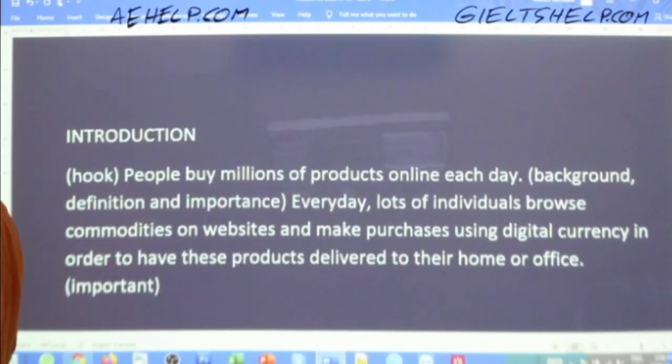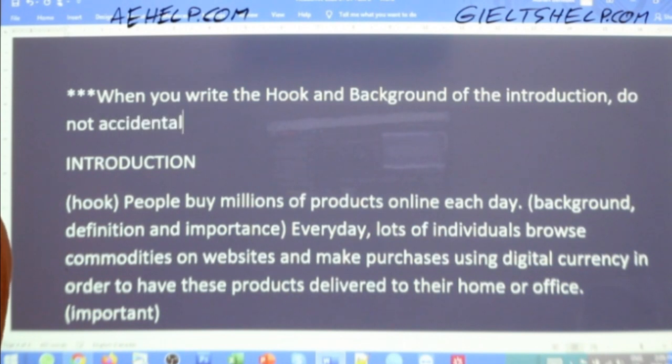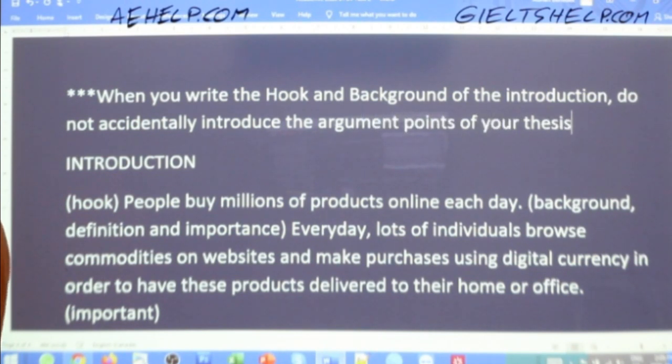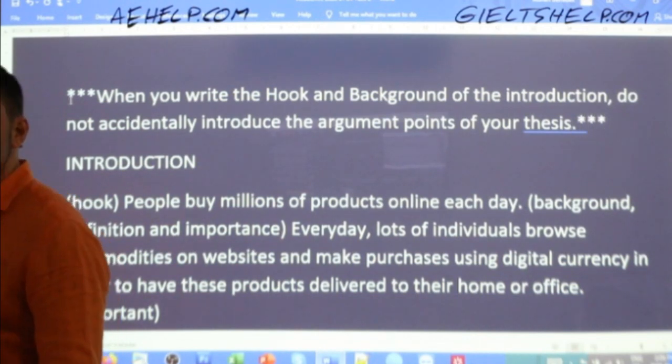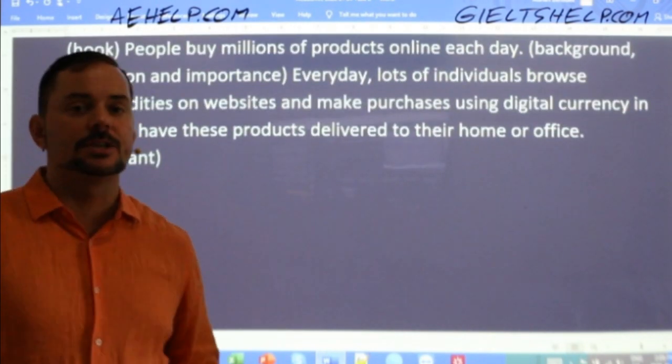So keep this in mind, members, when you write the hook and background of the introduction: do not accidentally introduce the argument points of your thesis. That shouldn't be happening, all right? So avoid that. Hope that's clear.